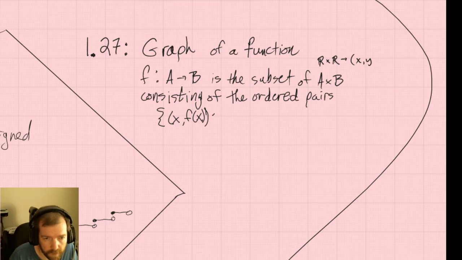Alright, the graph consists of the ordered pairs x, f of x, where x belongs to A, the domain of this particular function f.